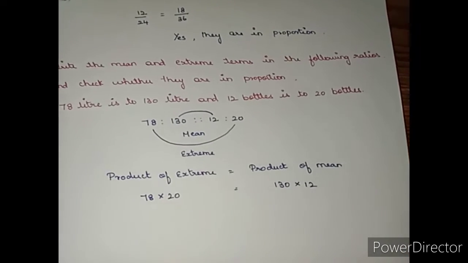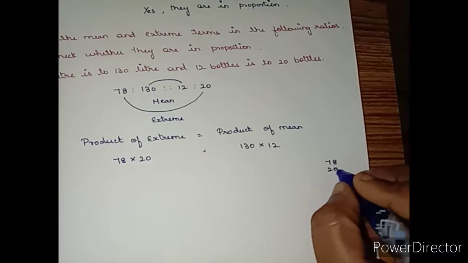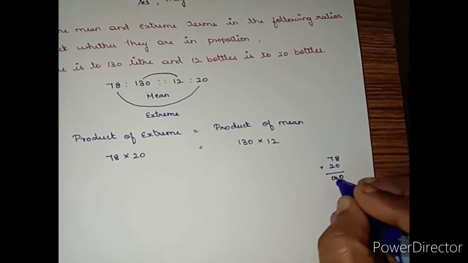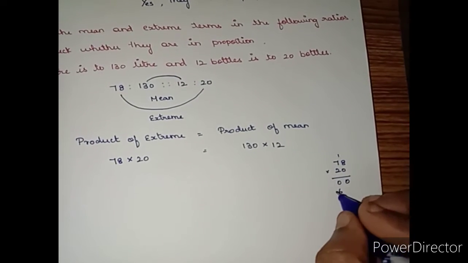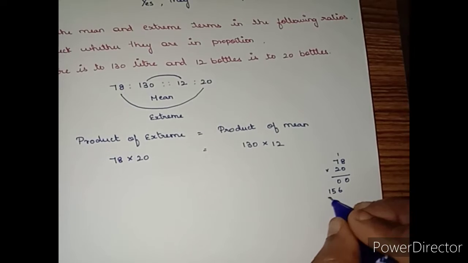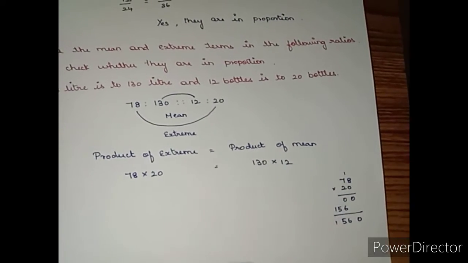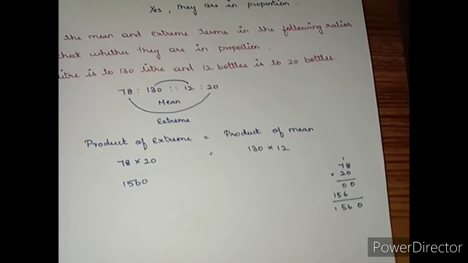Yes. In the rough column, just writing it here, 78 into 20. To multiply with 0, 2 eights are 16, carried 1, 7 twos are 14, 14 plus 1 is 15. So 0, 6, 5 and 1. So the product of extremes is 1560.